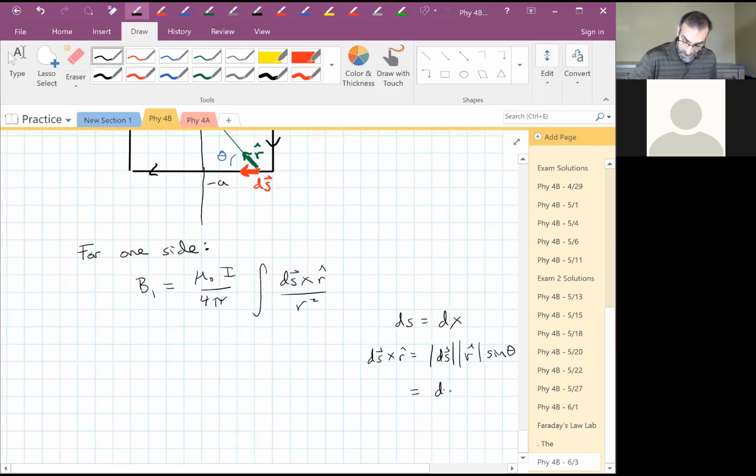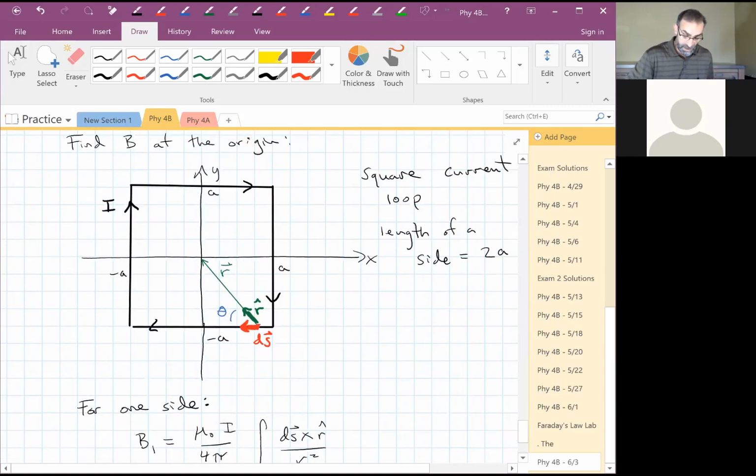So that's dx and 1. And that's going to be dx times a over r, because the sine of theta, if we go back up here, is A over R.